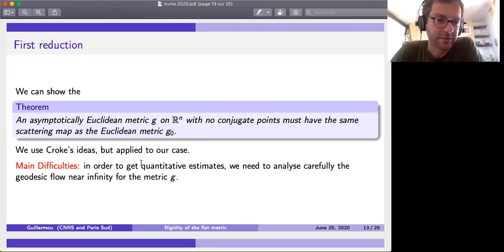At first, we thought this would not be too tricky, but actually it turns out to involve quite a bit of work. It's not completely trivial. Essentially what we need is a full analysis of the structure of the geodesic flow near infinity.